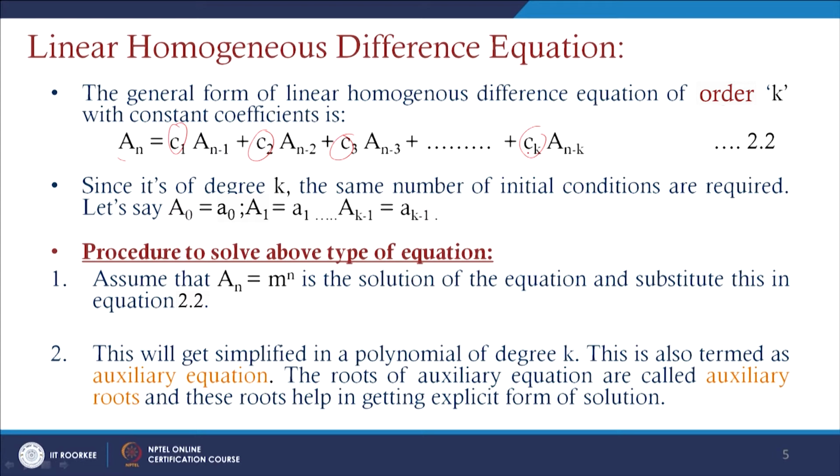Since it is a kth order difference equation, the same number of initial conditions is required: a0 equals small a0, a1 equals small a1, up to ak minus 1 equals small ak minus 1.